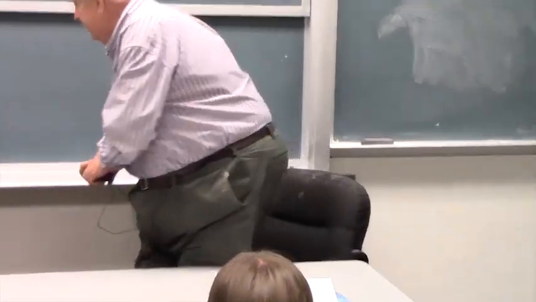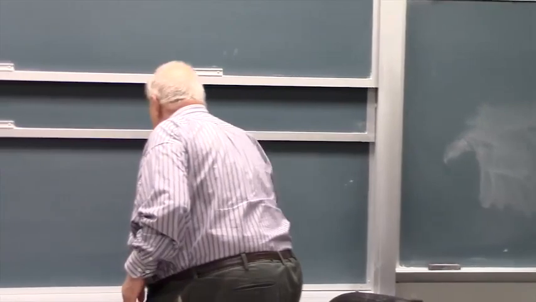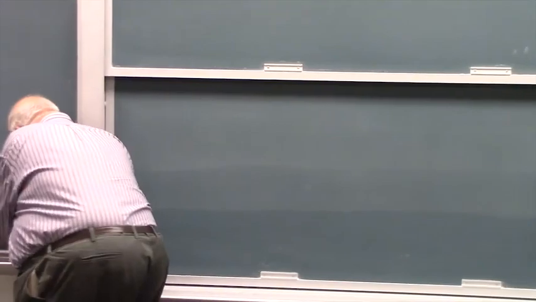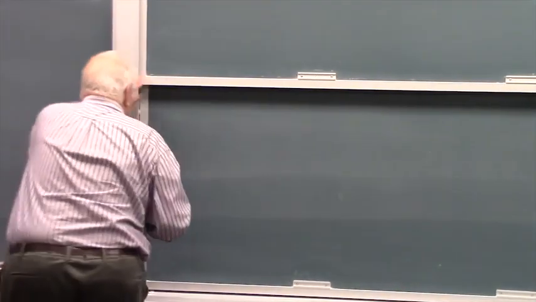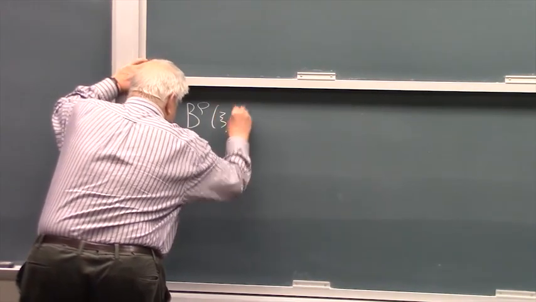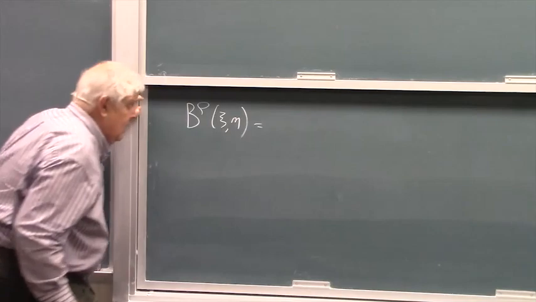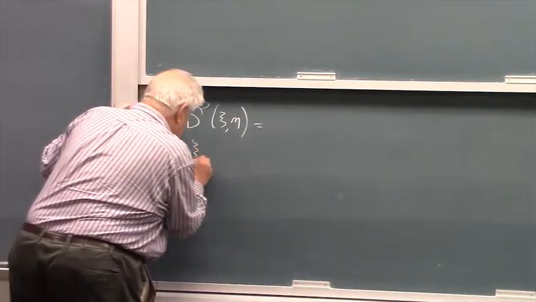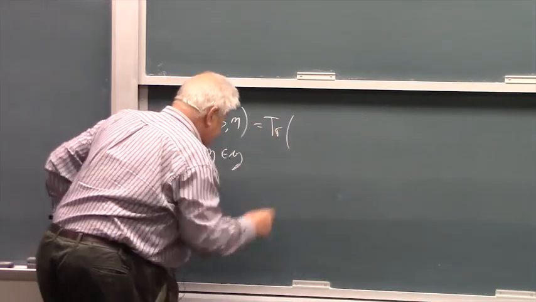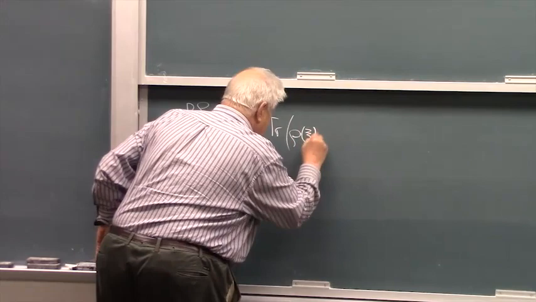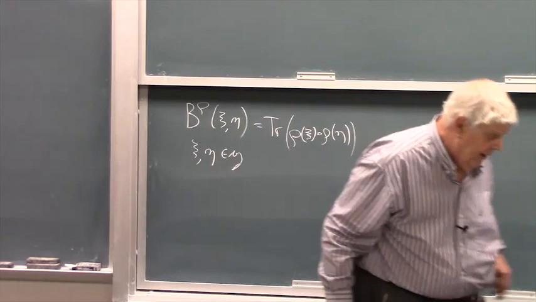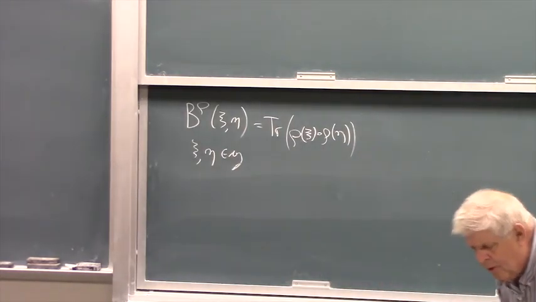And the main definition, the notation is B rho, and the value of this on elements xi, eta of the Lie algebra is the trace of the composition rho of xi, rho of eta. So let us establish what we already know about this.